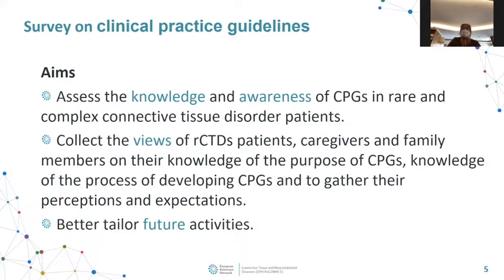We needed to collect the views of our communities, from patients, caregivers, and widely from their family members, on whether they knew why clinical practice guidelines exist, what's behind the development of this tool, and what they expected from them. This would be the core of our next activities within the ERN ReCONNET.